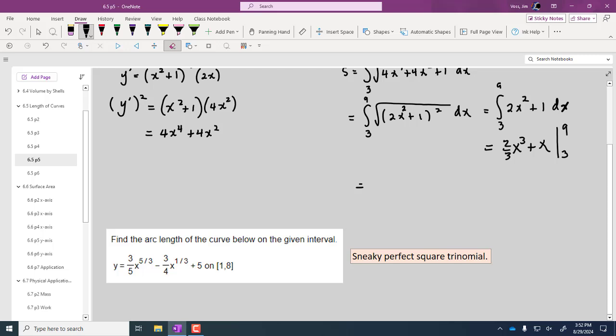So what do we end up with? 2/3 times 9 cubed plus 9 minus 2/3 times 3 cubed minus 3. And whatever that all multiplies out to, whatever that turns into will be our answer. So that one's not too bad. It's not totally cooked up to be a sneaky perfect square trinomial, but we did end up with a perfect square trinomial on the inside.